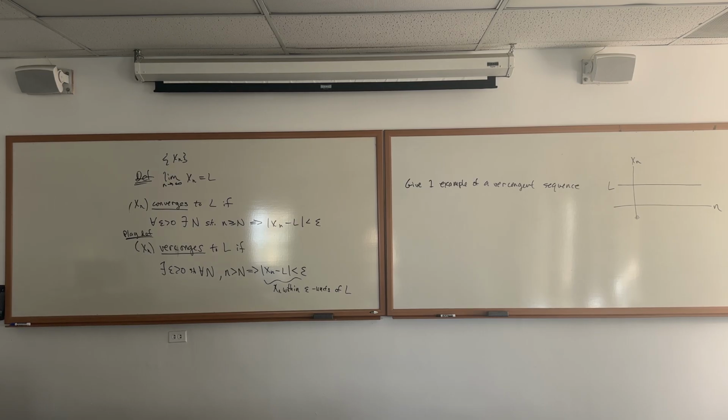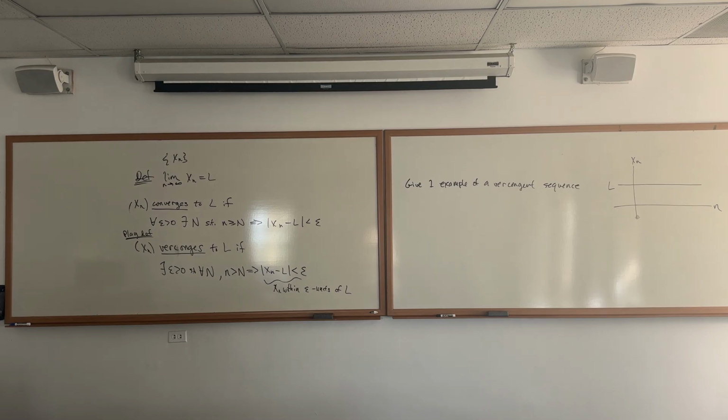So it's looking at that picture up there, right? We've got this number L, and we're saying that I can find some epsilon so that no matter what n is, the distance between the dots and that L are within epsilon units. It's the flip of no matter what the epsilon is.